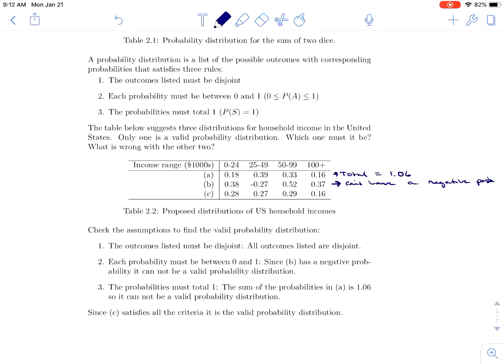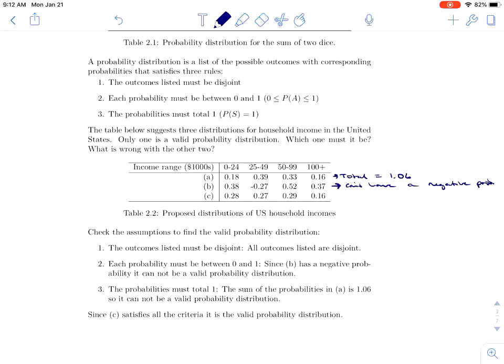We'll check the last one just to make sure. 0.28 plus 0.27 plus 0.29 plus 0.16. The total is 1. And I've just gone through those points below. So C is the valid probability distribution. Any questions about that?